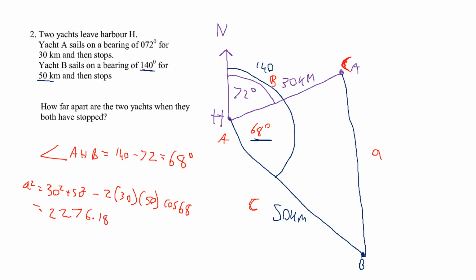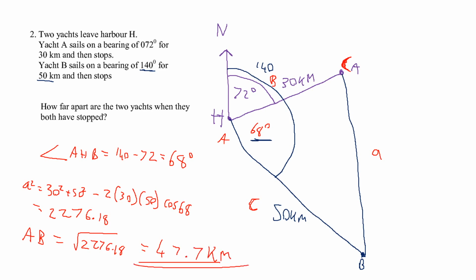So then AB is just going to be equal to the square root of that, 2,276.18, which is equal to 47.7 kilometers. And that's our final answer.